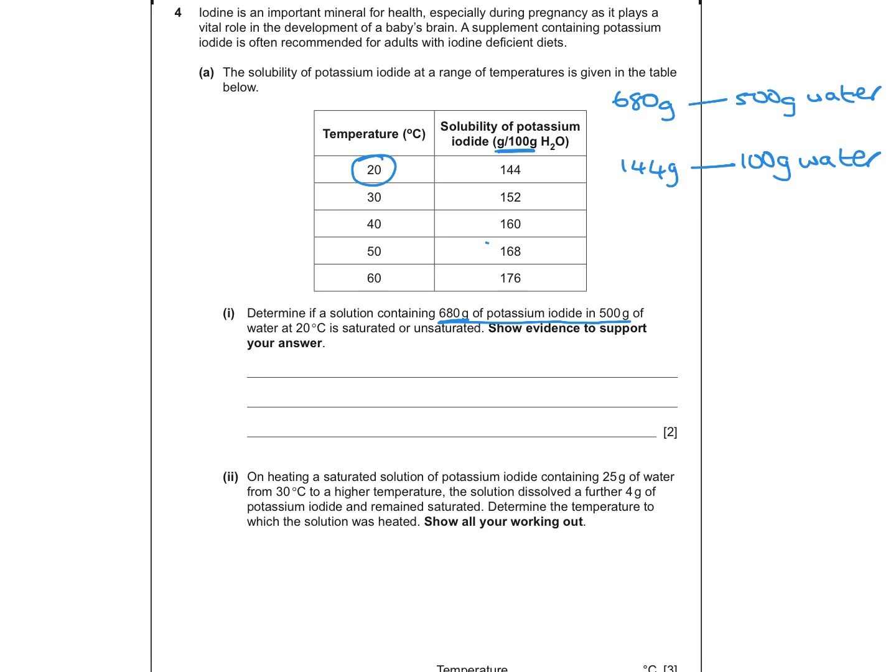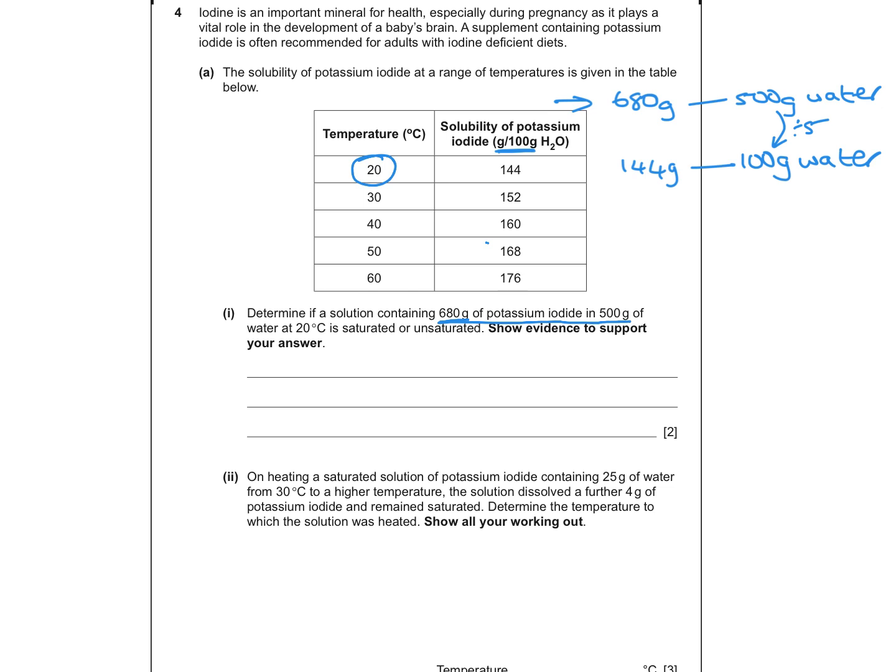So then we scale this. Now, we can either multiply the 100 grams of water by 5, in which case we multiply the 144 grams by 5. Or what we can do is divide this by 5. If I divide that by 5, that'll now turn it into 100 grams of water.